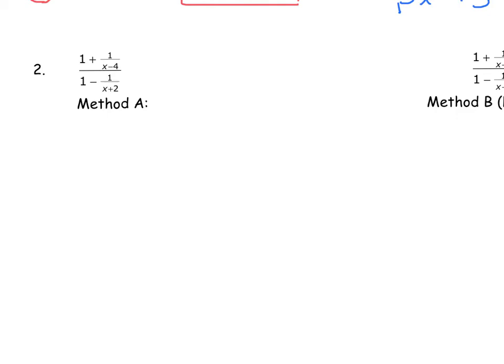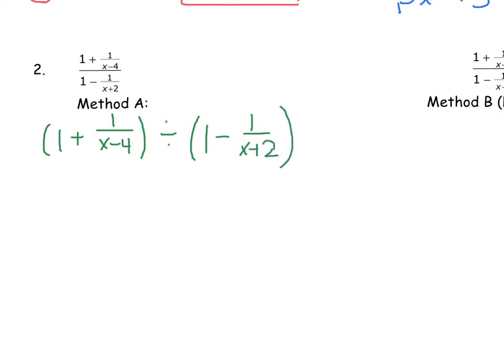We're going to rewrite it as the top fraction, 1 plus 1 over x minus 4, is going to divide by 1 minus 1 over x plus 2. And as we saw in the first problem, we have to get these fractions combined into a single fraction before we can rewrite that division problem as a multiplication.